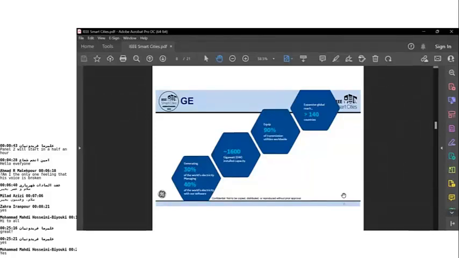Gas is GE's largest segment, remaining part of the world's long-term power generation mix. About 40% of the world's electricity uses GE software for operation, maintenance, monitoring, diagnosing, and whatnot. And about 90% of transmission utilities worldwide are equipped by GE.